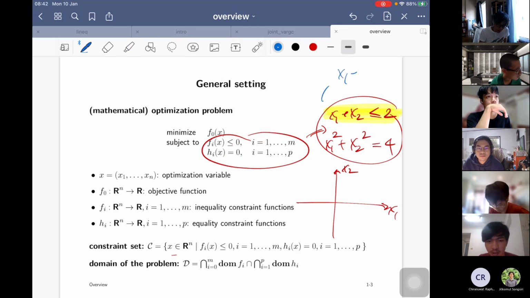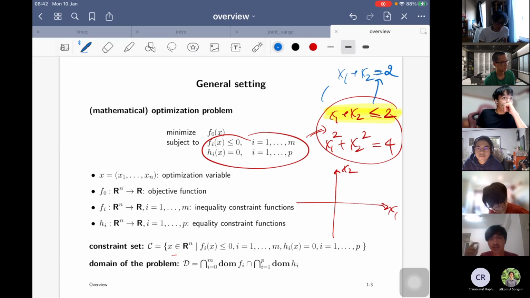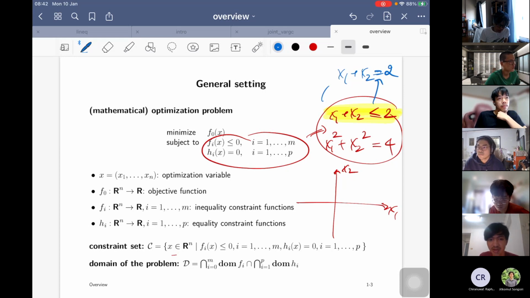This inequality is associated with the equation x1 plus x2 equals 2, so it's a line. What is the slope? The slope is -1, and the y-intercept is 2.